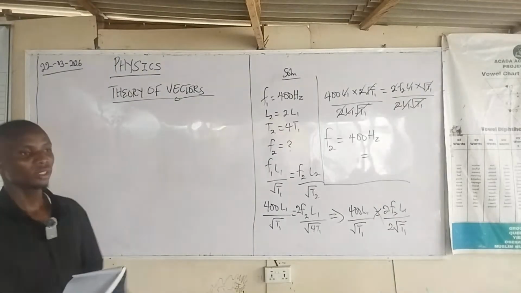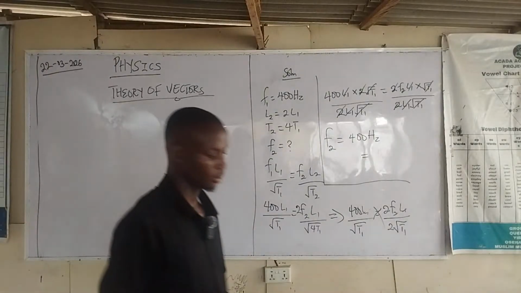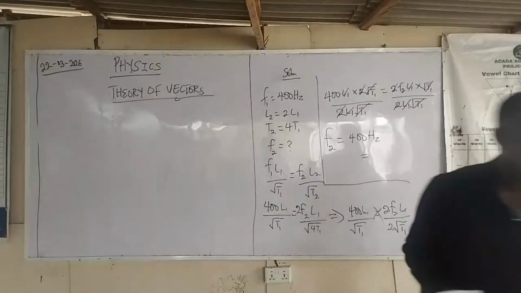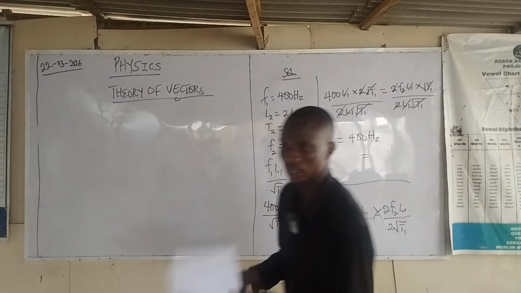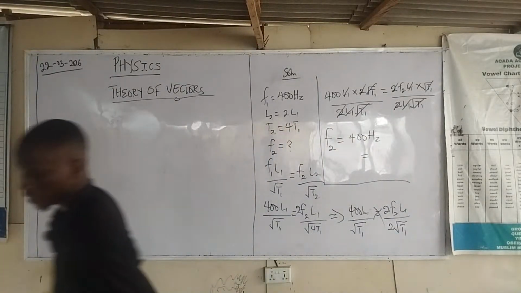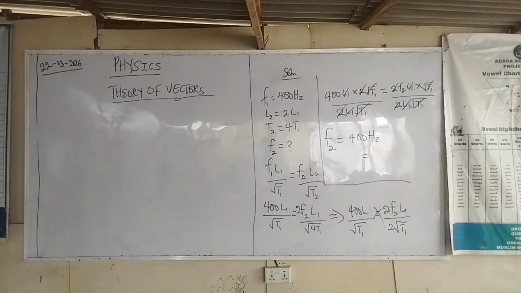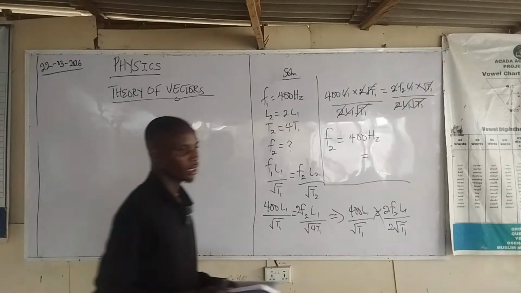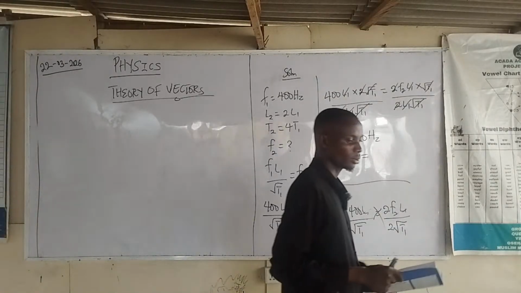So a scalar quantity has only size, put in brackets magnitude. You can write your own definition: a scalar quantity is a quantity that has only magnitude but no direction.